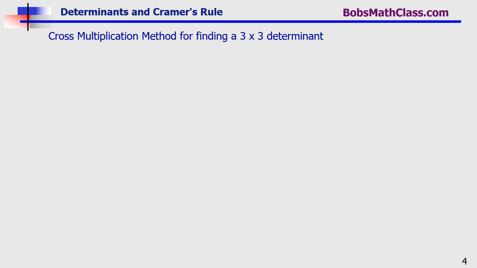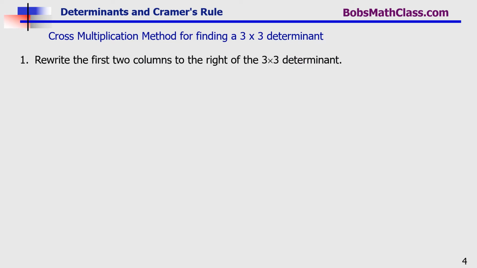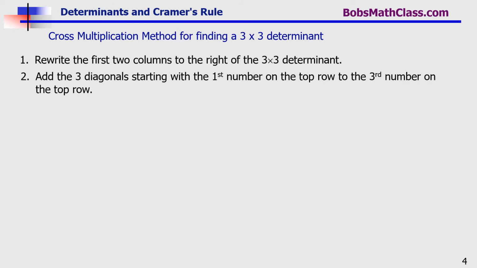Okay, so here are our notes. The first thing we're going to do is rewrite the first 2 columns to the right of the 3 by 3 determinant. So whatever the first 2 columns are, you're going to recopy them to the right. And then this time, we're going to have not one diagonal, but 3 diagonals, starting with the first number on the top row to the third number on the top row.